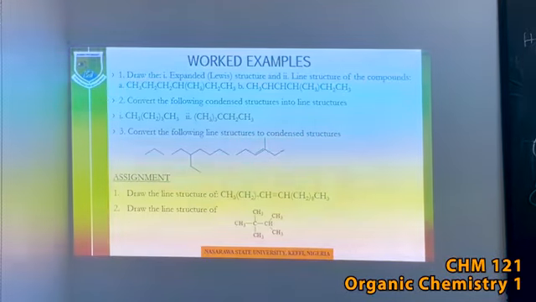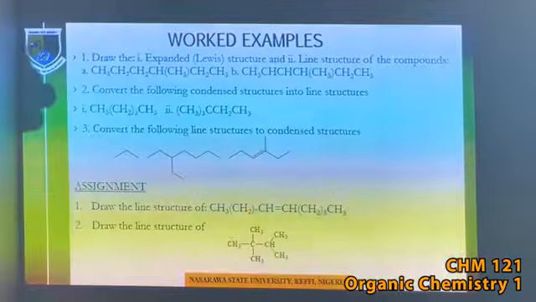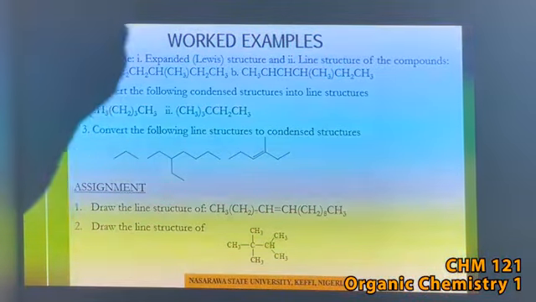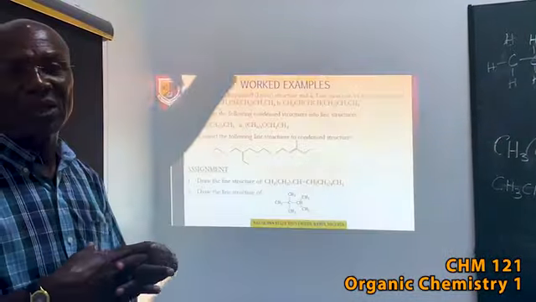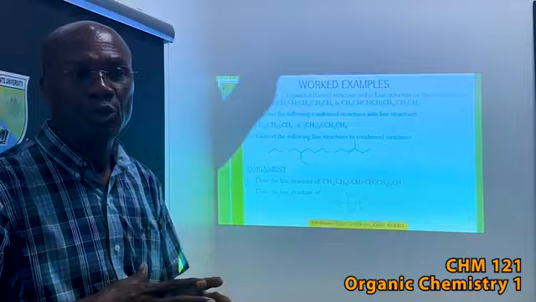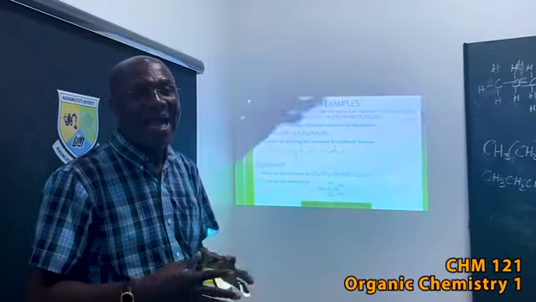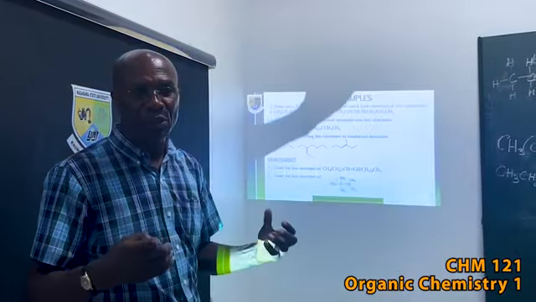So in this class, we've talked about bonding in carbon. We talked about sp3 hybridization that results in all single bonds. We talked about sp2 hybridization that results in double bonds, and sp hybridization that results in triple bonds.